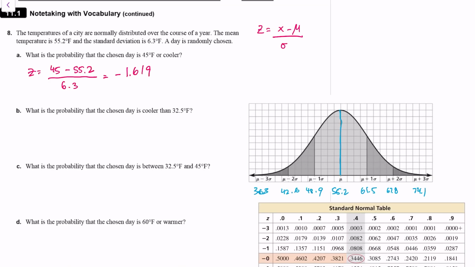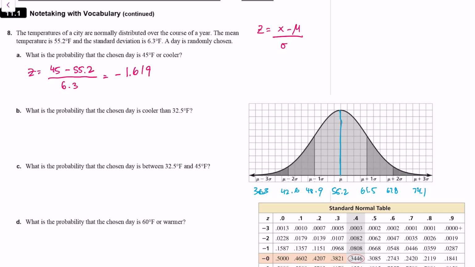So now what I'm going to do is take a look at the standard normal table. Now this table right here is an abbreviated table, and you can find it on page 598 of your textbook. On this table, let's find negative 1.619. We'll abbreviate this to the nearest tenth and look for negative 1.6, since our table only goes up to the tenth.